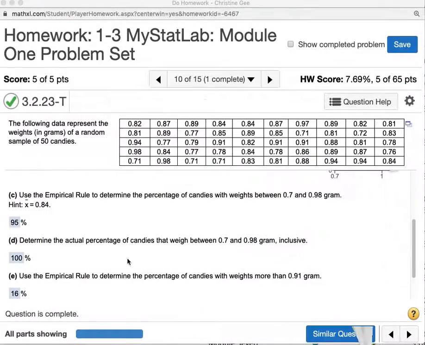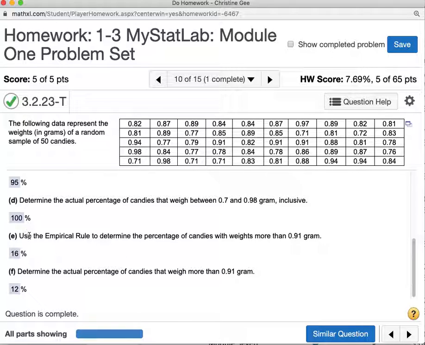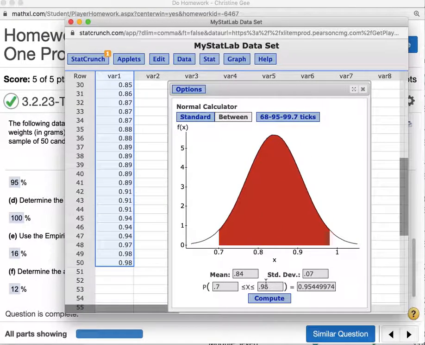That looks good. And then use the empirical rule to determine the percentage of candies with weights more than 0.91. Let's use StatCrunch for that.